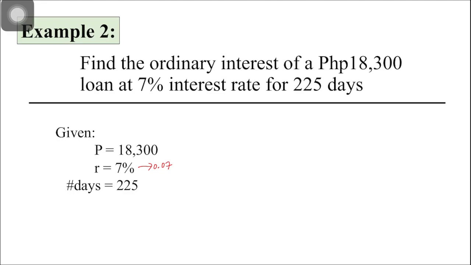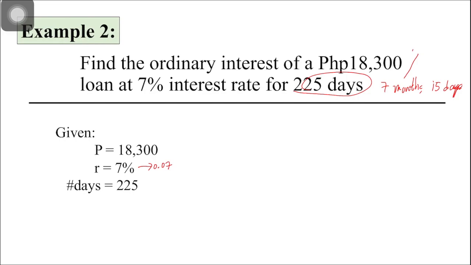So question, what if I express this as, let's say, 7 months and 15 days? If the given I provide is 7 months and 15 days, then we have to express it in days. So, how many days is 7 months and 15 days? In ordinary interest, we assume that each month has 30 days.